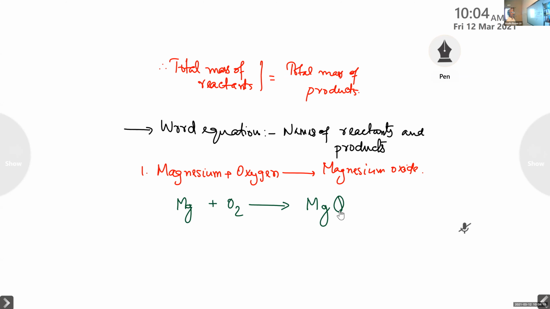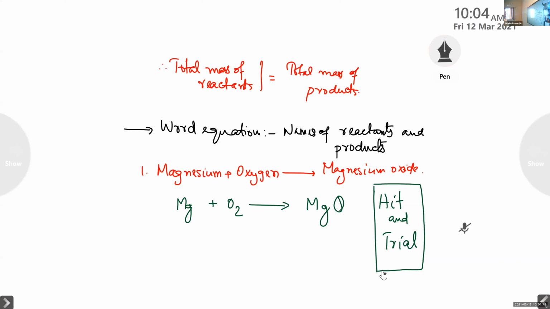In a balanced equation, what do we have to do? We have to make equal the number of atoms of the reactants and products. And what is the method? It is called the hit and trial method. We have various methods to balance an equation.